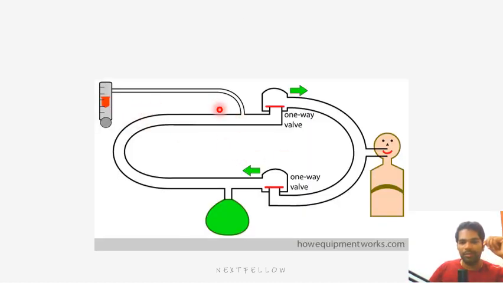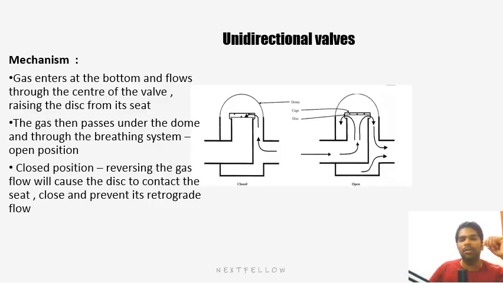Like in the previous picture, we have one one-way valve in the inspiratory circuit and one one-way valve in the expiratory circuit. Now, this is the picture of the unidirectional valve. See, the gas comes through this tubing. Here one tubing is there, and here one tubing is there. The gas will come to this tubing, and the pressure exerted by the gas on this disc, the diaphragmatic disc, will push the disc above, and the gas will escape like this.